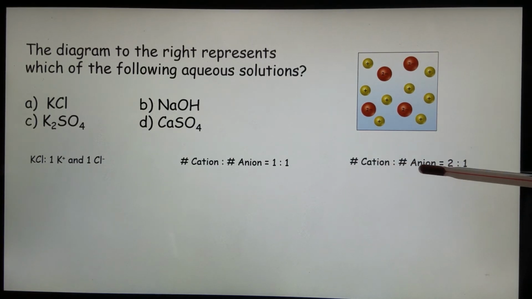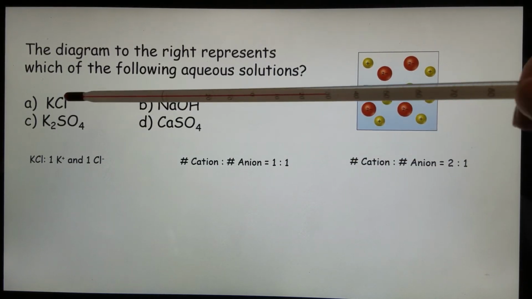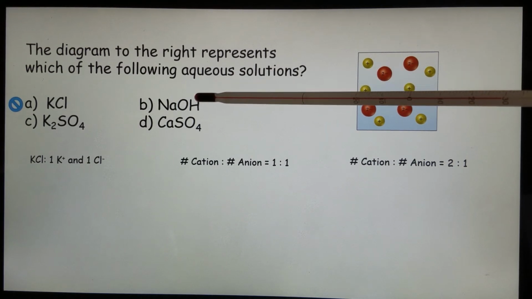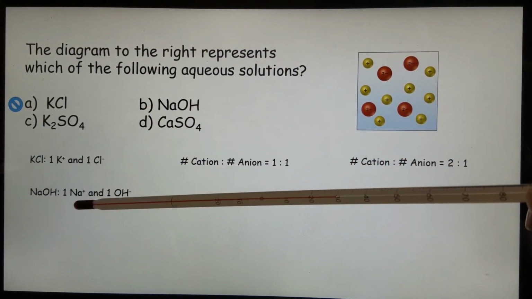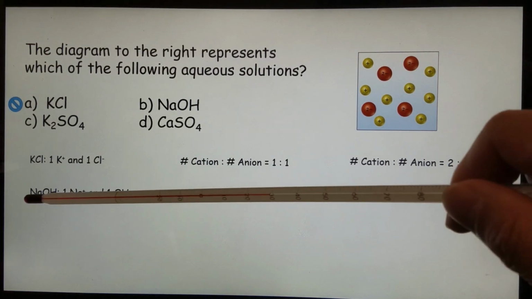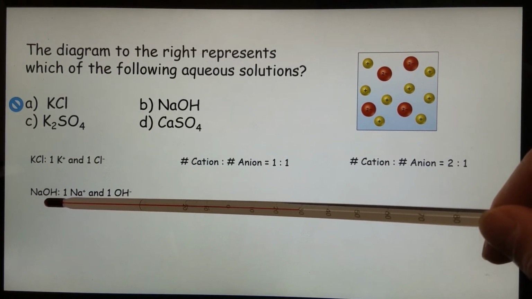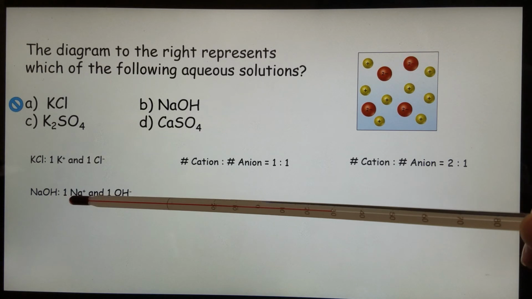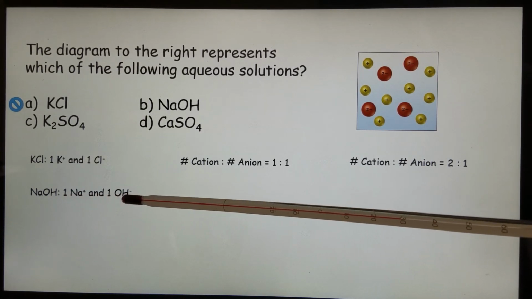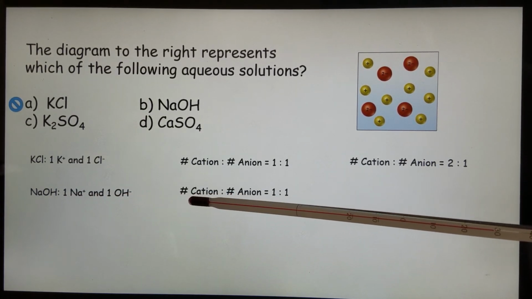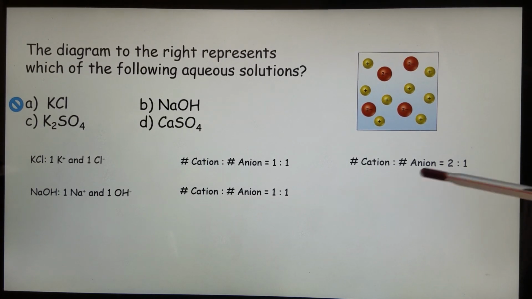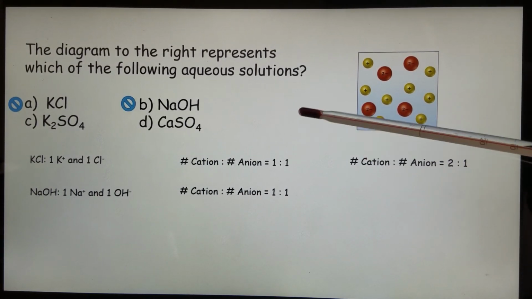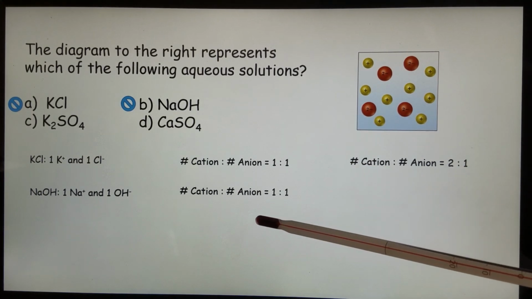And here, you see, that's 2 to 1. So therefore, A is out. B, same thing. In 1 sodium hydroxide formula, there's 1 sodium ion and 1 hydroxide ion. The ratio of cation to anion is also 1 to 1. It's not 2 to 1. So therefore, B is also out.